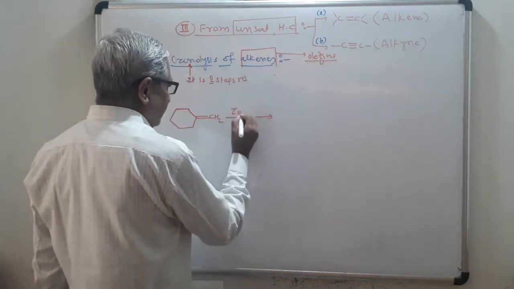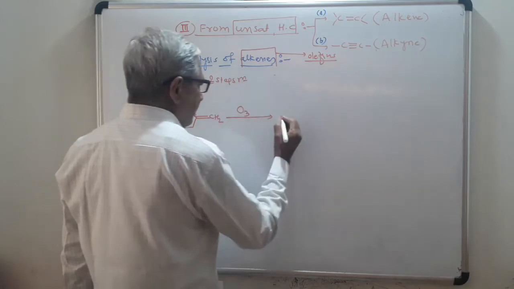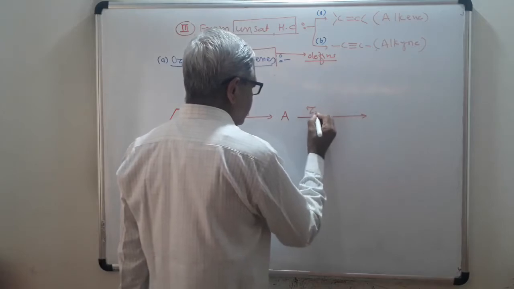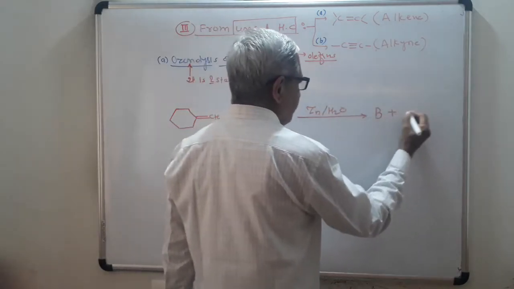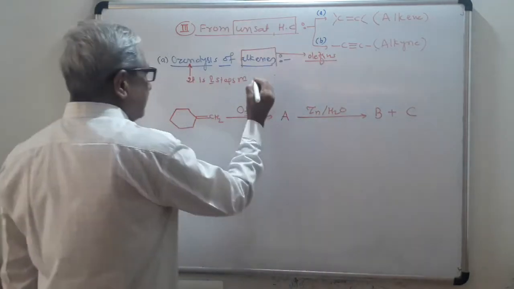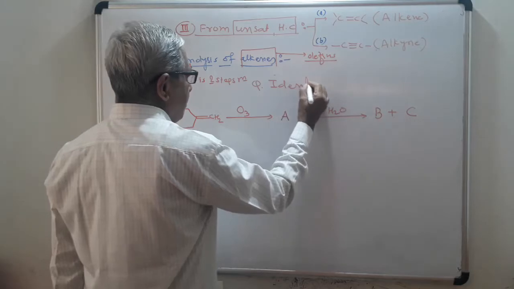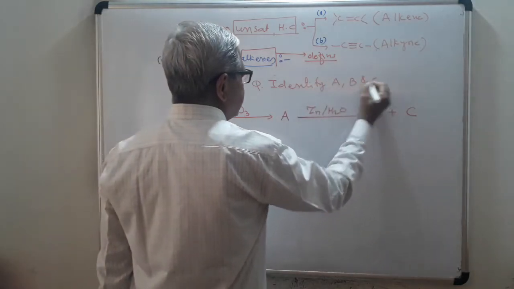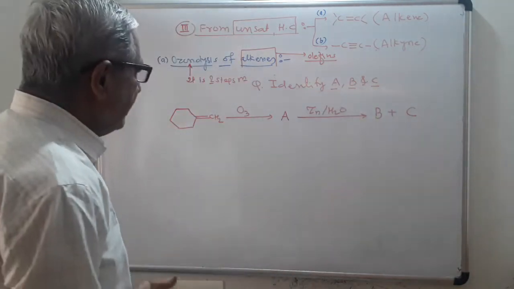First it is treated with O3. You will get A. Then A is treated with zinc and water. You will get 2 compounds, B and C. Therefore, the question is very simple. Identify A, B and C. The answer is very simple here.